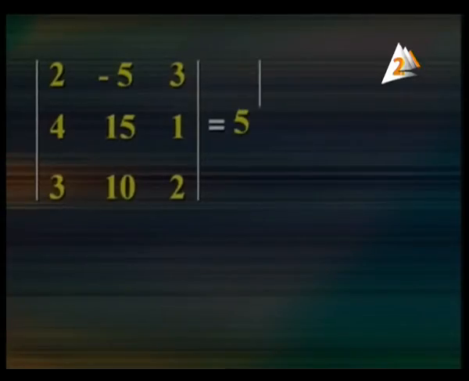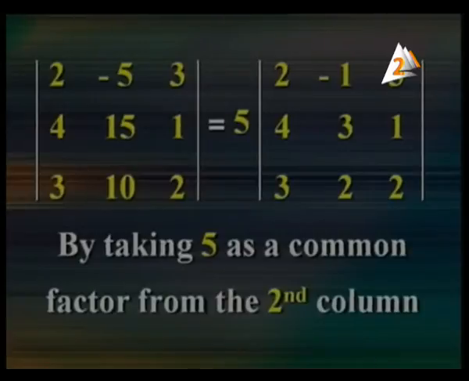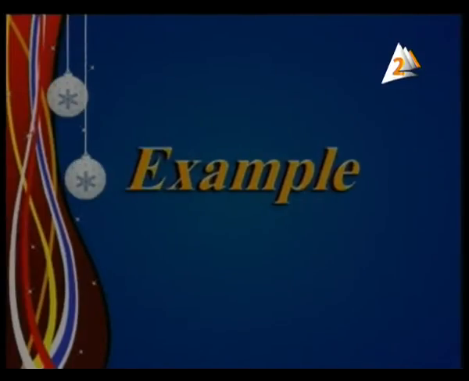The answer is 5 multiplied by the determinant of third degree 2, -1, 3, 4, 3, 1, 3, 2, 2. 5 is the common factor k. By taking 5 as a common factor from the second column, the answer equals the original.